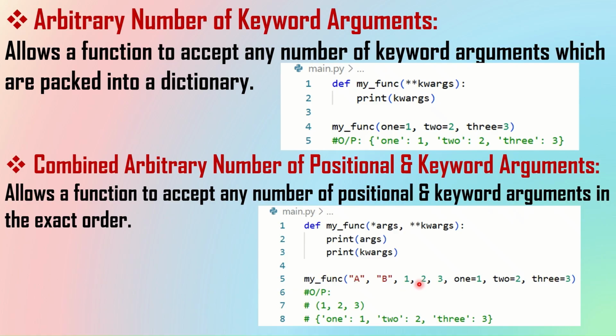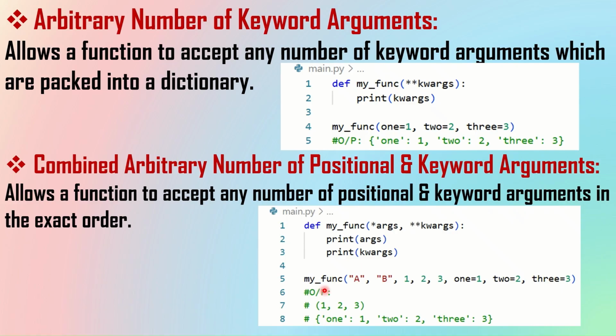Here the first five values come under positional arguments, whereas the last three values come under keyword arguments, since I was passing the values in the format argument equals value. In the function definition, I have defined positional arguments first, followed by the keyword arguments second. That's why I have passed them in the same order here as well, so that we don't get any error.